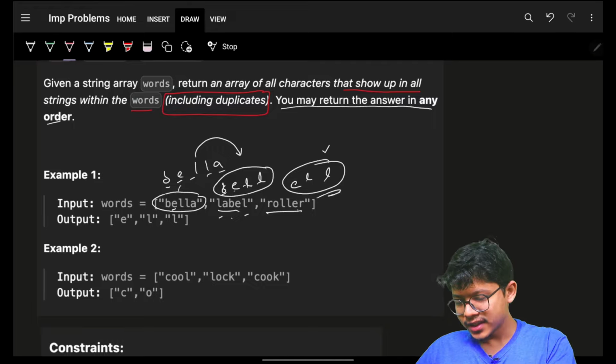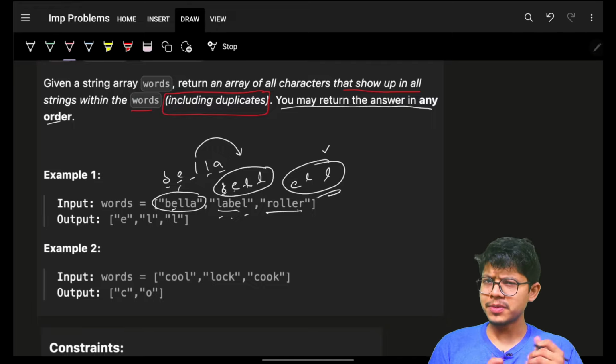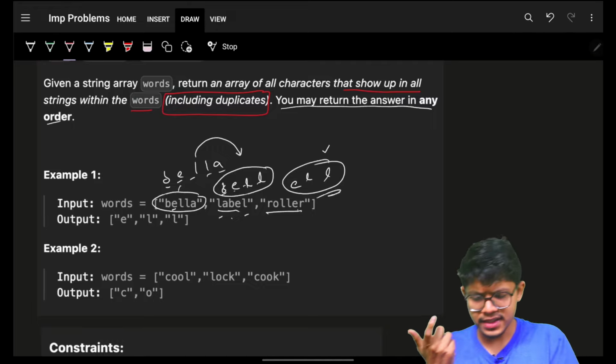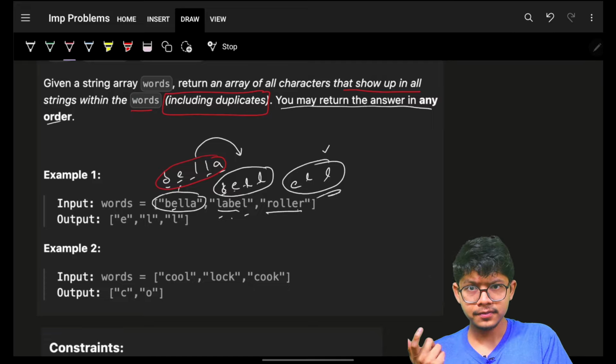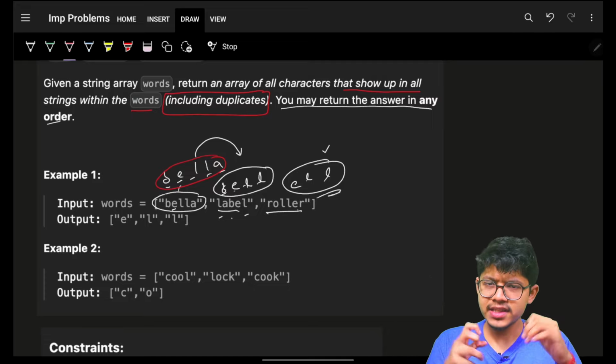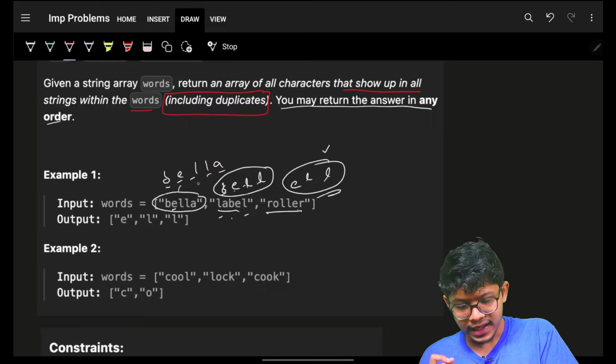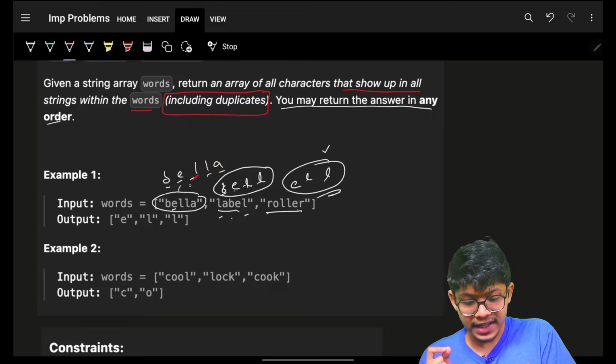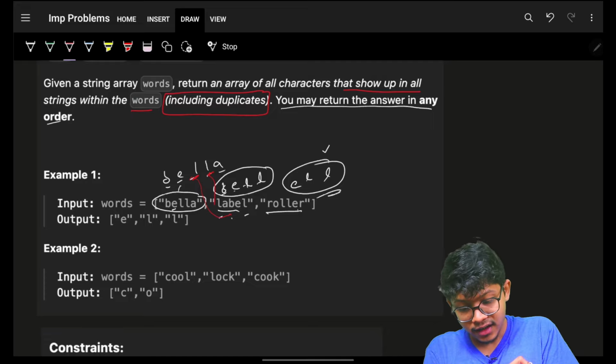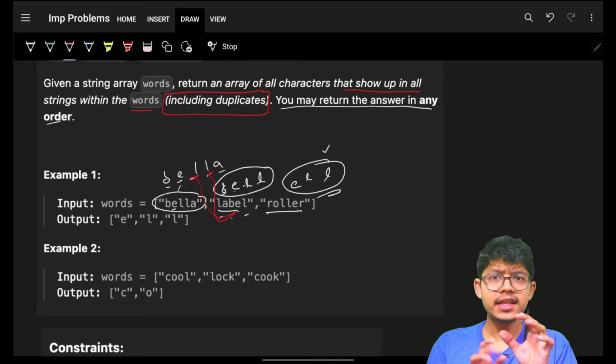Now, what do you think can be the missing thing in this approach which I told you? The missing thing is that the characters are decreasing, like their frequency is decreasing ideally. But when I was checking, is L here, I just checked is L here, yeah, and is L again here.